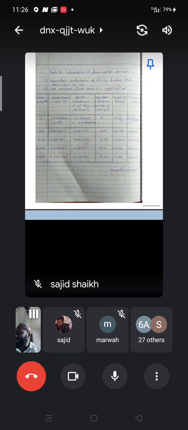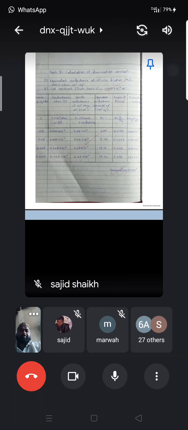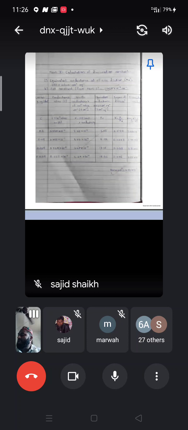Then this table of observation is here to prepare: concentration in gram equivalent per dm cube, then the conductance in millimoles. You have to calculate specific conductance, which is nothing but K equal to cell constant into conductance, L. Whatever the reading you will get, given in 10 raised to minus 3 mho or say Siemens, you have to multiply by 10 raised to minus 3, as I said.